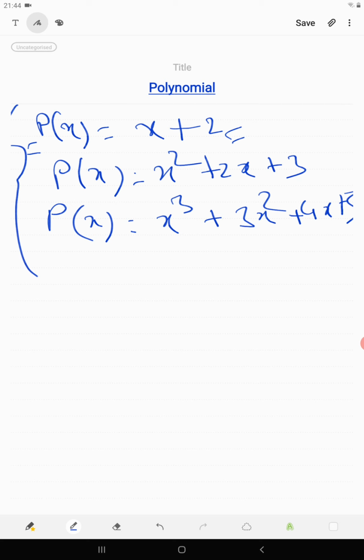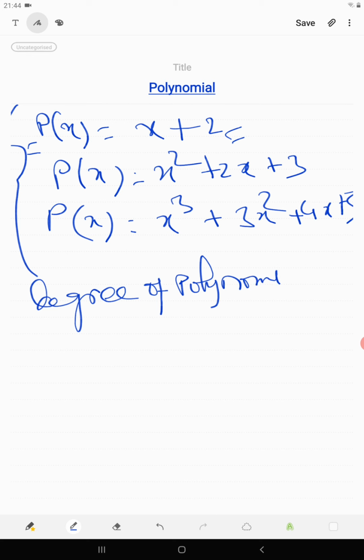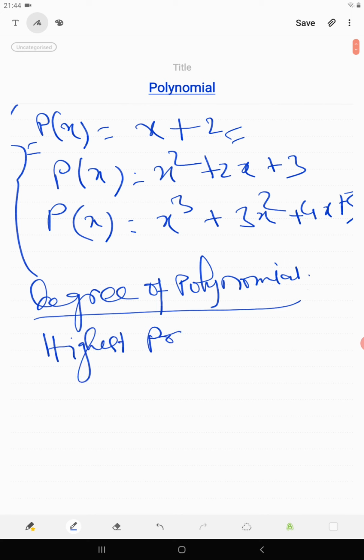What does it mean? So first understand what is the degree of a polynomial. You might have heard about it, but I want to make you revise it. What is the degree of a polynomial? So the degree of a polynomial is the highest power of x in which the function is written.